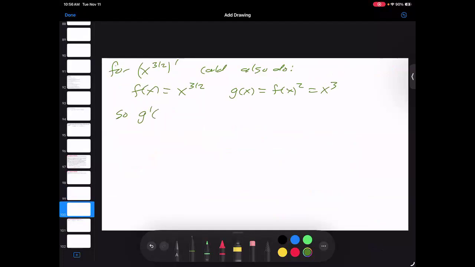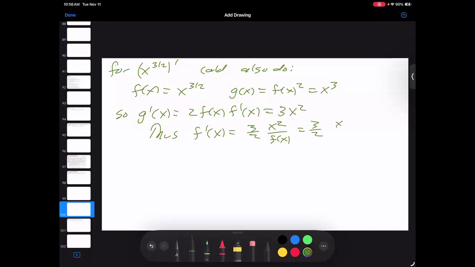So g prime of x is 2 f of x, f prime of x, which is 3x squared. Thus, f prime of x is 3/2 x squared over f of x, which is 3/2 x squared over x to the 3/2, which is 3/2 x to the 1/2.